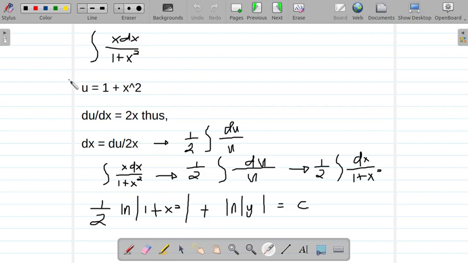So, let u be equal to the denominator, which is 1 plus x squared. Then, the derivative of u in terms of x is just equal to 2x. So, we derive u in terms of x, which is 2x.